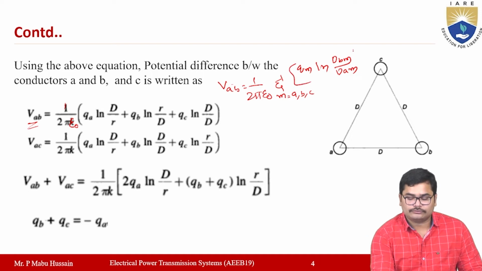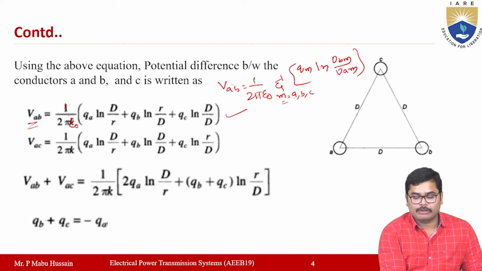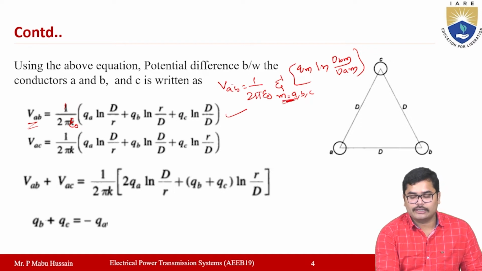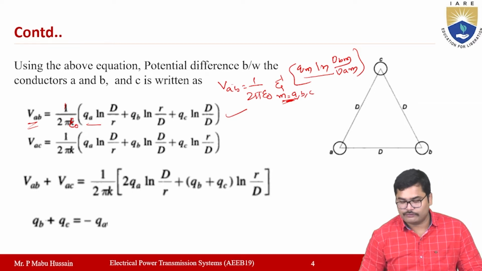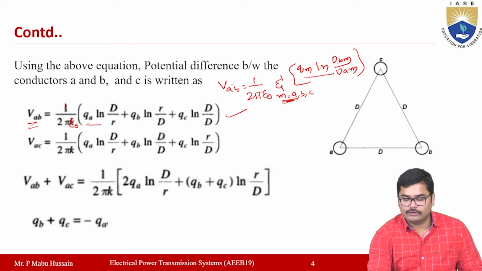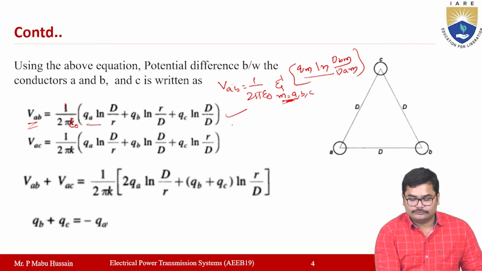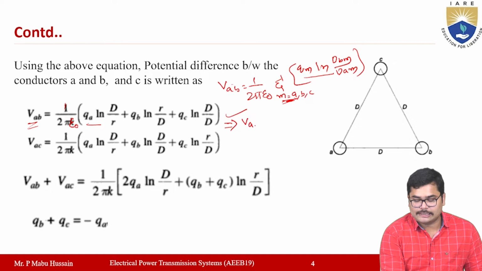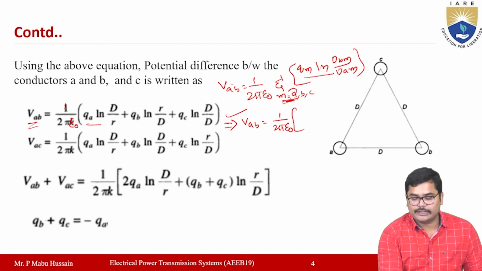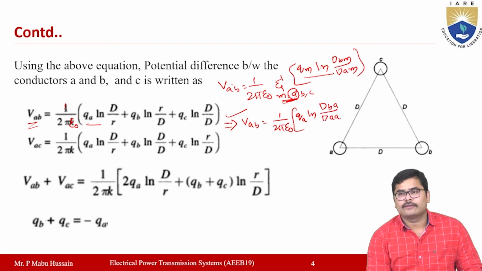Now here you have to substitute M equal to A first, then B, then C. If you substitute M equal to A, this can be written as QA ln, the distance from B to A by the distance from A to A. I will write it again here: VAB is equal to 1 by 2 pi epsilon naught into, if you substitute A here, QA ln DBA by DAA.